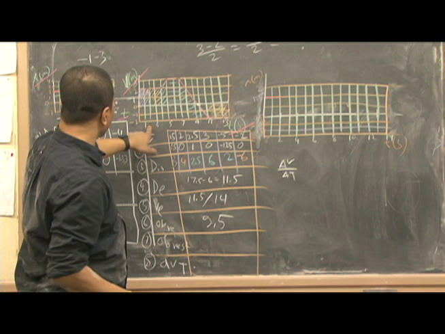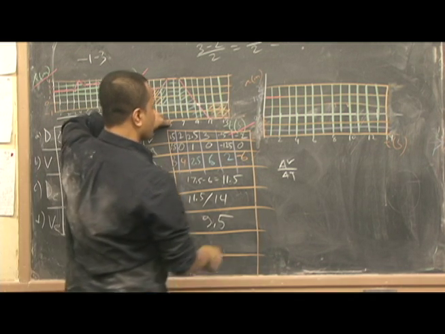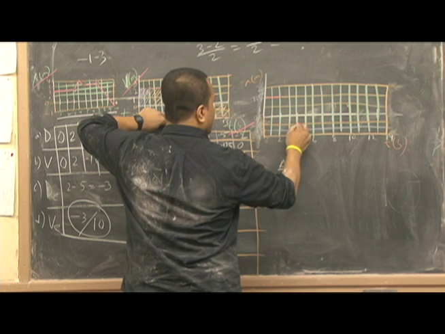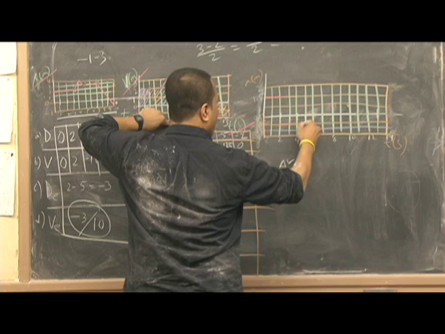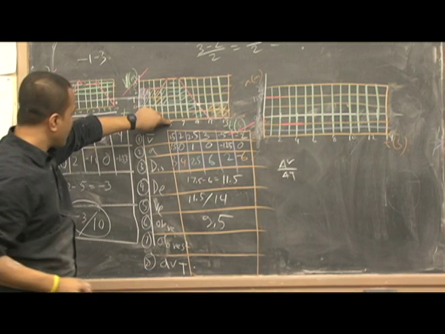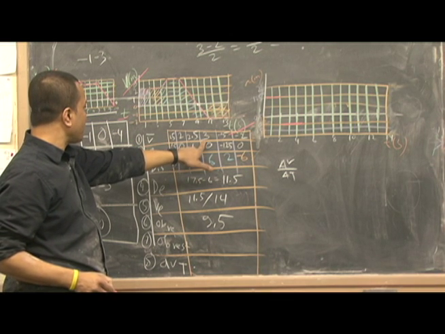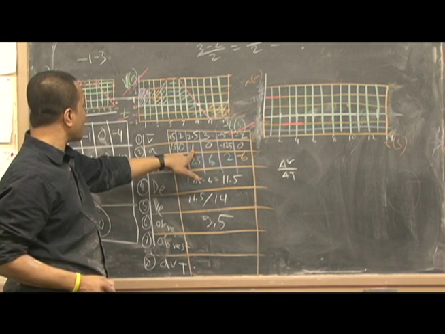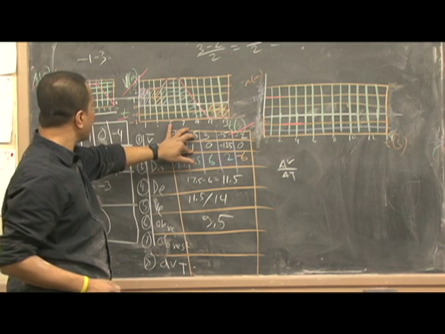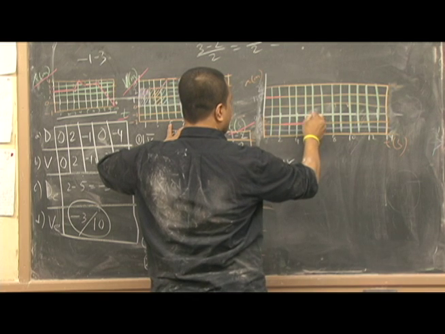So from 2 to 5, acceleration is 0. So 0. And acceleration is 1 from 5 to 6.